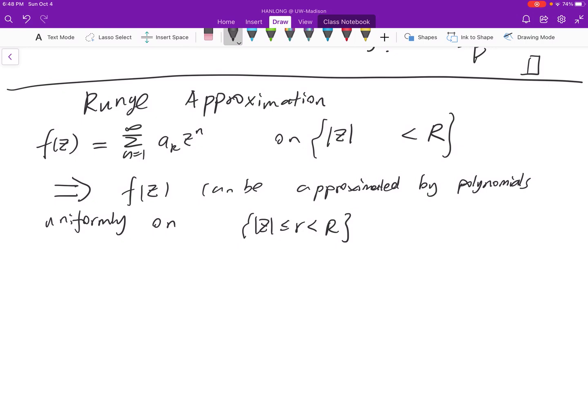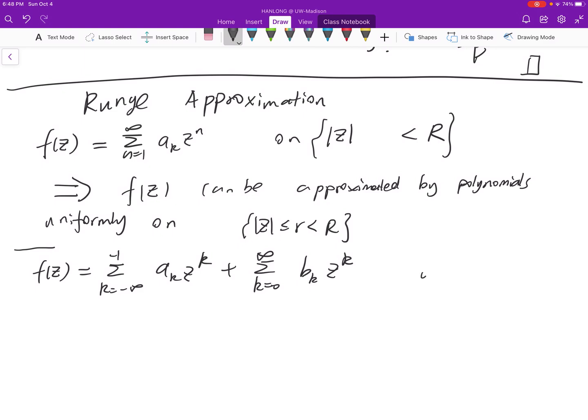Okay, now if we have a little bit more involved example, suppose you have a Laurent series expansion on some annulus: the sum of a_k z to the negative k plus the sum from k equals 0 to infinity of b_k z^k.